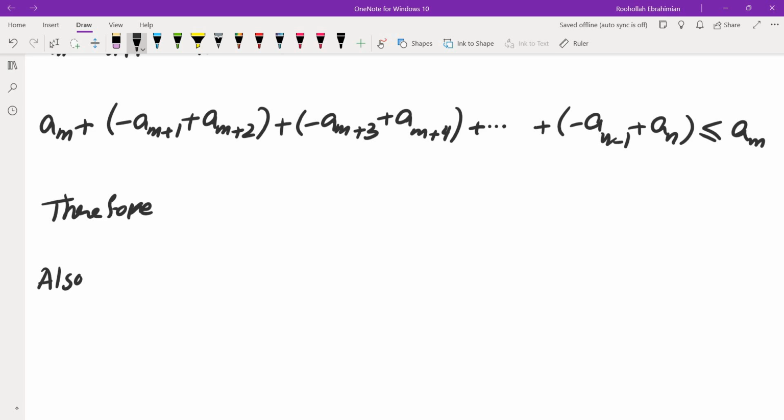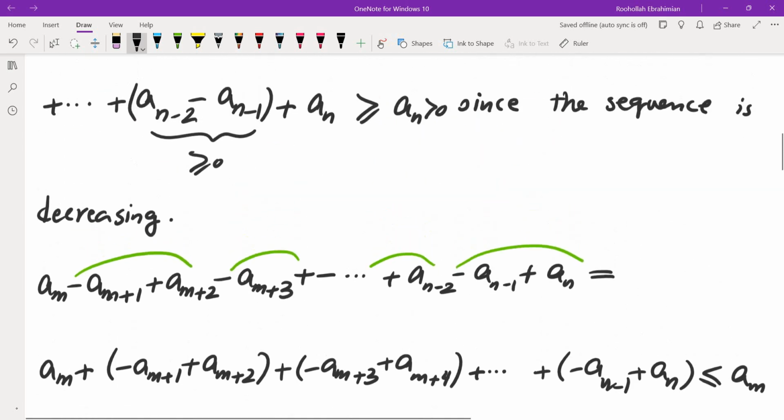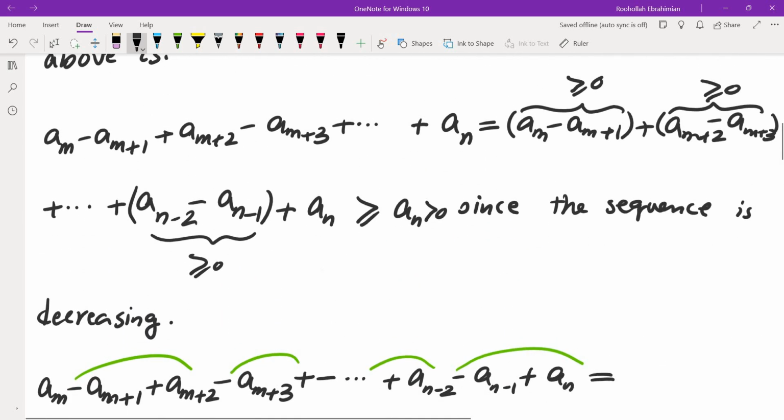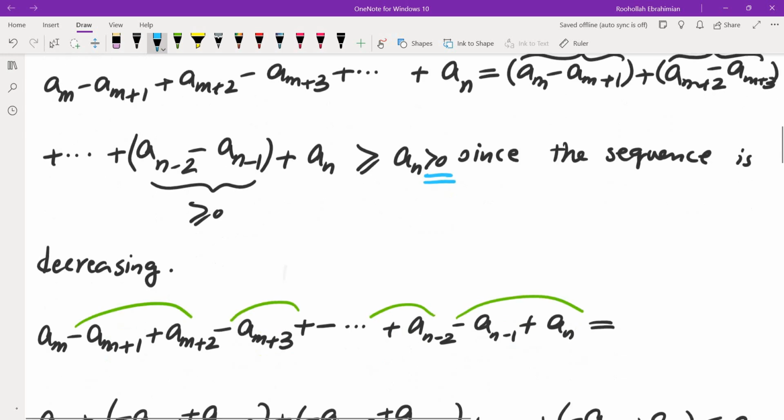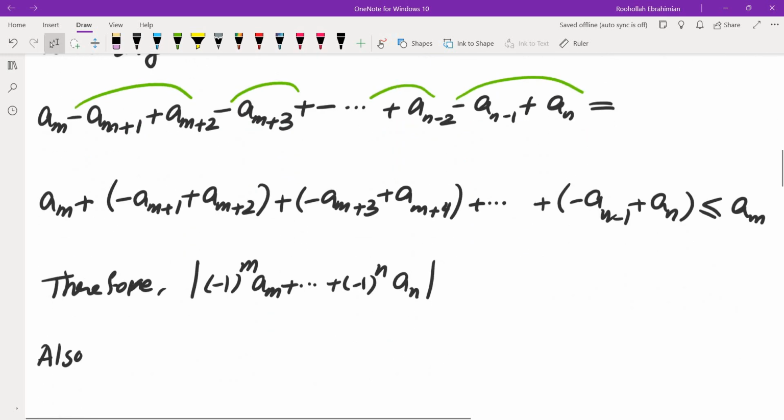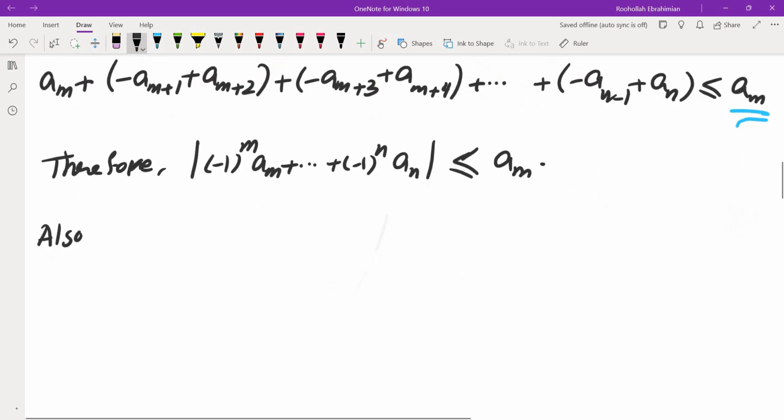In this case, the absolute value of (-1)^m a_m all the way to (-1)^n a_n is going to be, so we know that it is more than 0, therefore it is positive. And then we know that this is less than or equal to a_m.